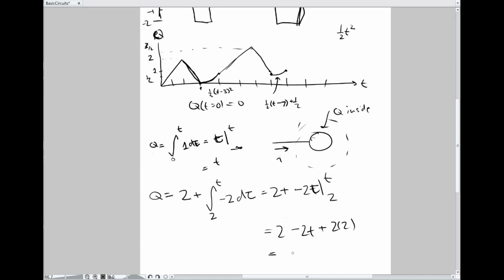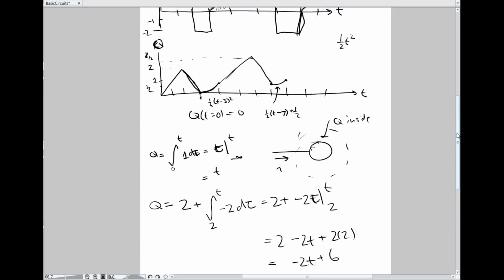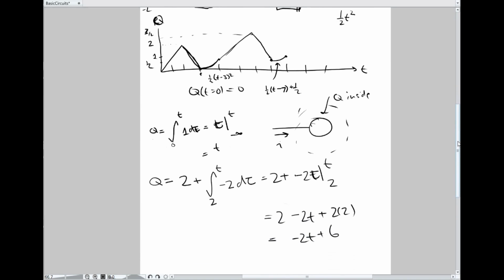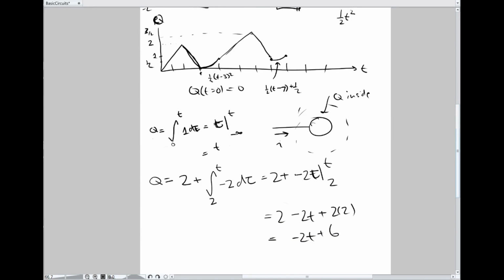Which is equal to minus 2t plus 6. So if I plug t equal to 2 into here, I would get 2. So it starts at 2 at time t equals 2 and decreases with a slope of minus 2.